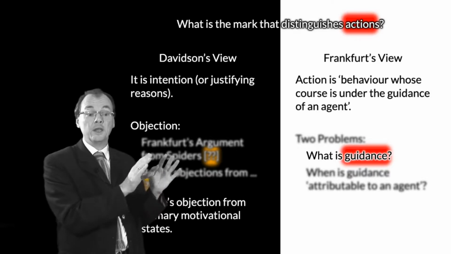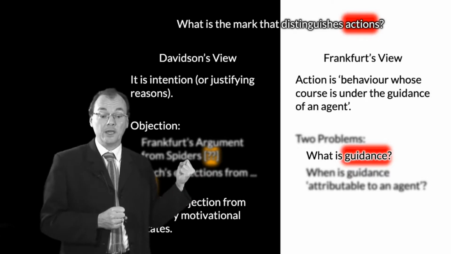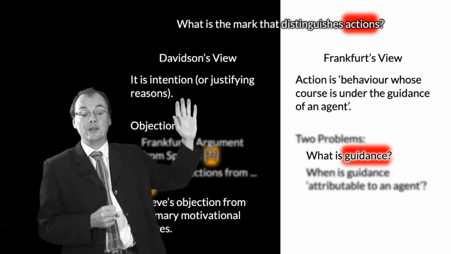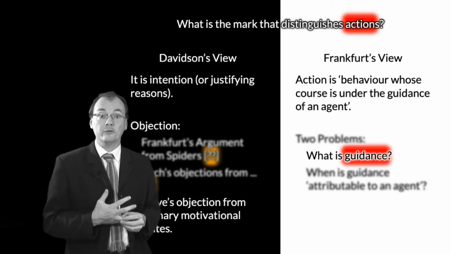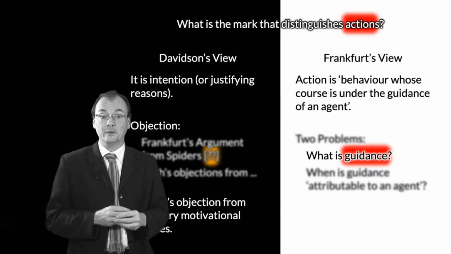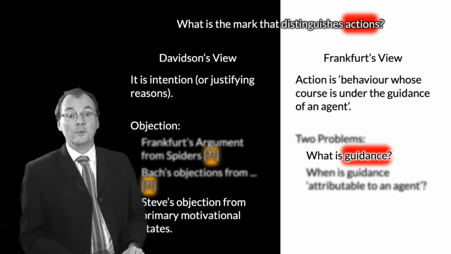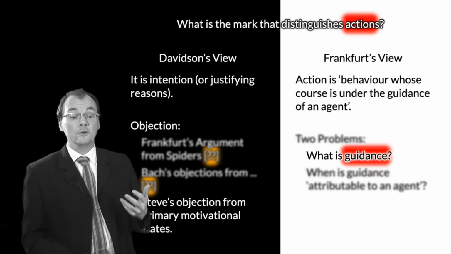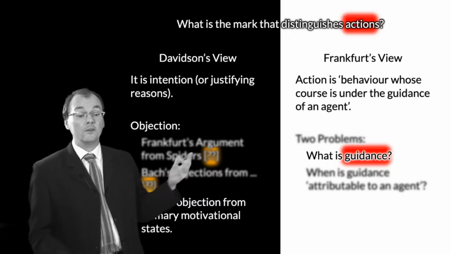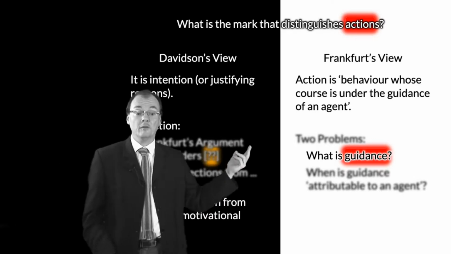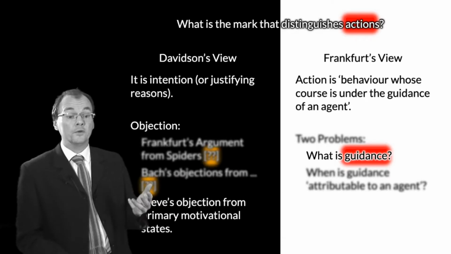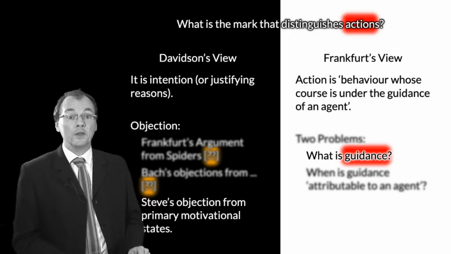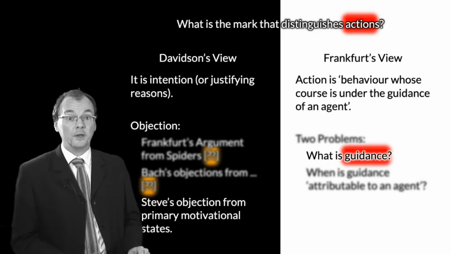This is Frankfurt's big insight, and we can hold on to that big insight without actually rejecting the claim that Davidson is right about the kinds of action that chiefly interest Frankfurt as well. So the conclusion that we have reached here is a kind of nuanced one. It rejects the idea that we have to choose between Frankfurt and Davidson. It takes elements of both of their views, but it also says that there was something wrong in the way that we set up the question in the first place.